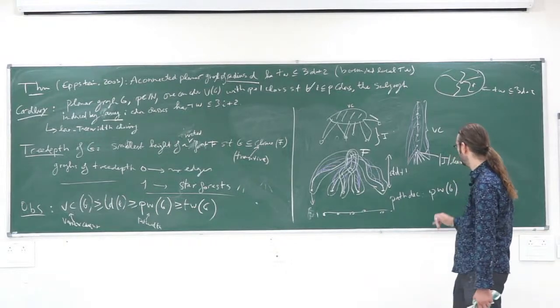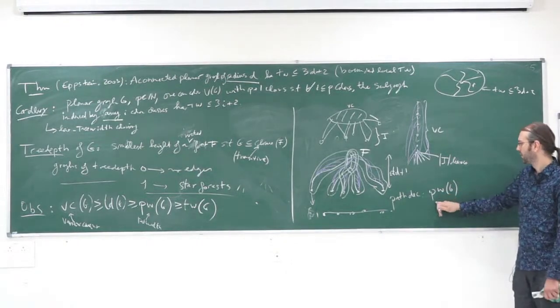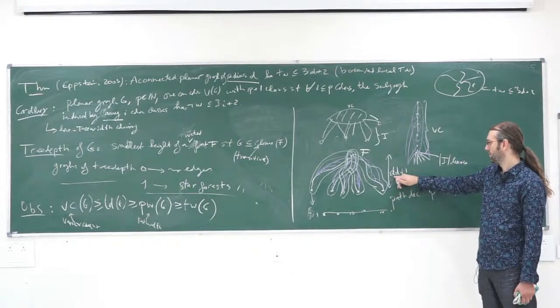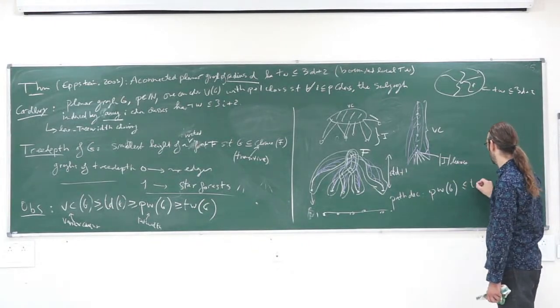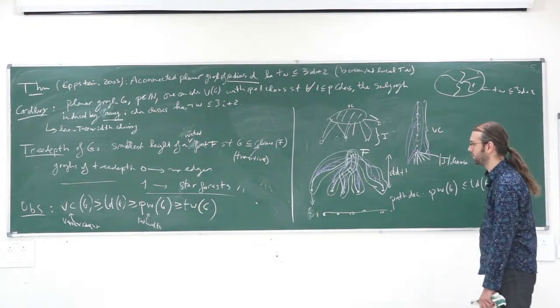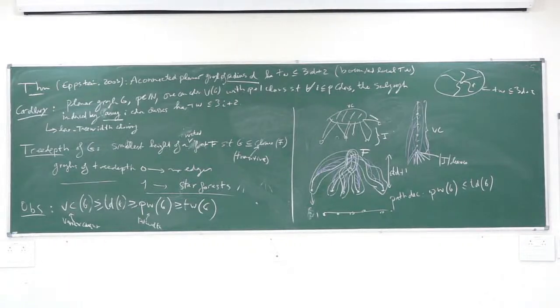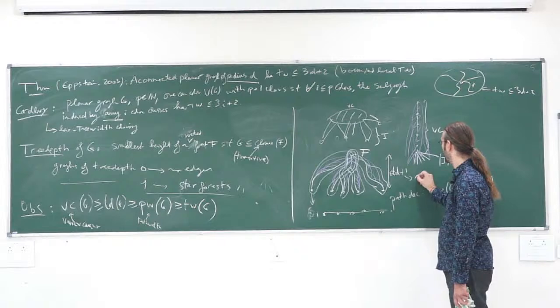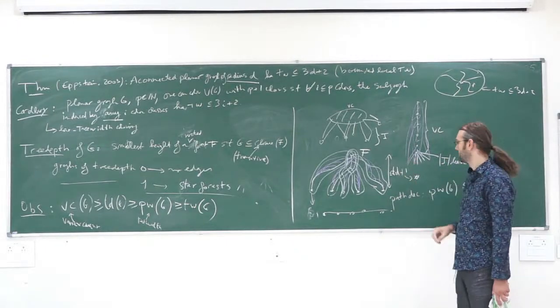Remember the path width is the largest size of the bags minus 1. The bags all have size 3 plus 1, so path width is at most 3. Why the plus 1 thing? This is the number of vertices. The height was the number of edges, so number of vertices.